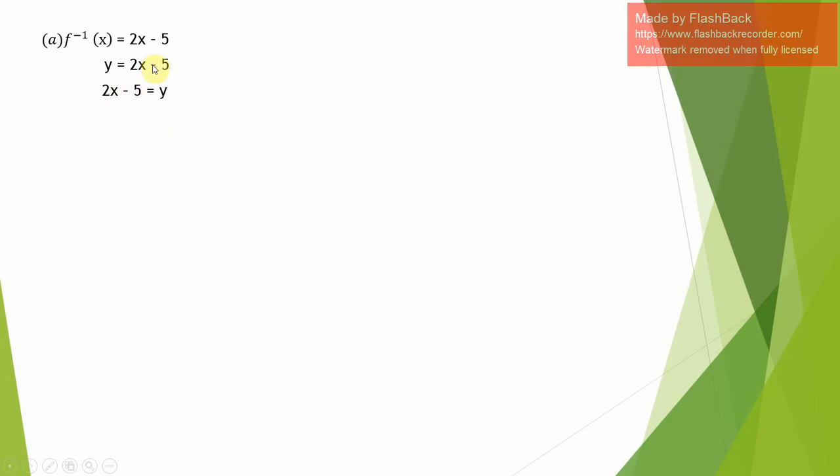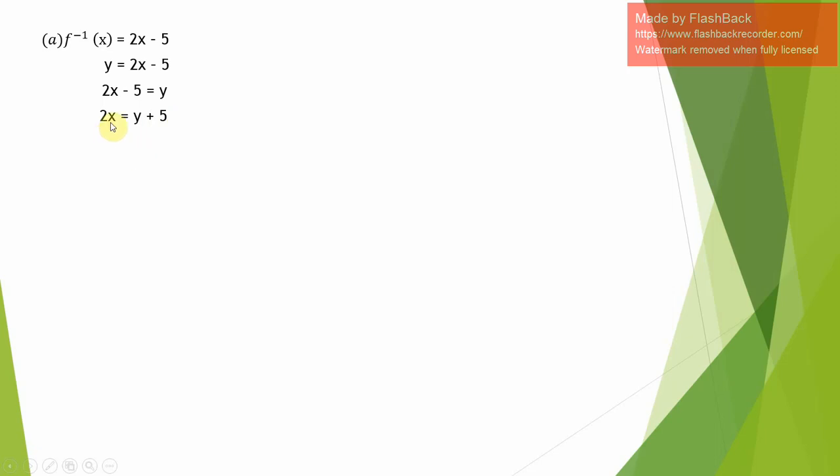It's just the same. So we can proceed by saying negative 5 crosses the equal sign. It comes this side, and 2x remains alone. When negative 5 crosses the equal sign, it becomes a positive 5.